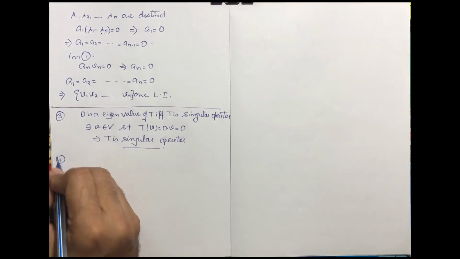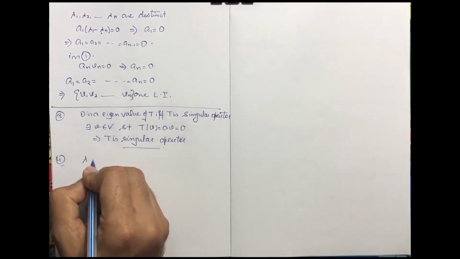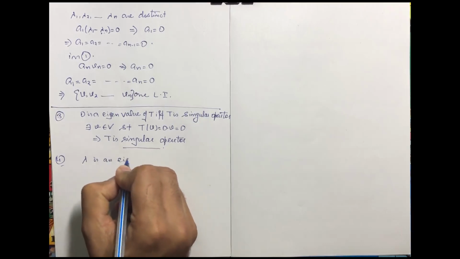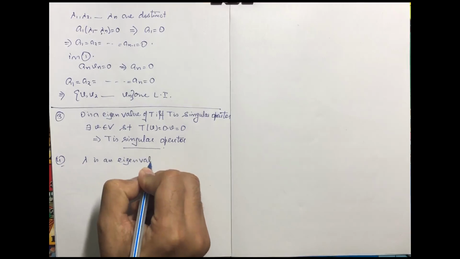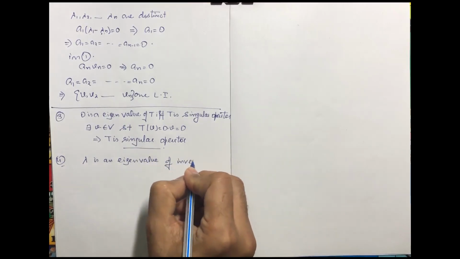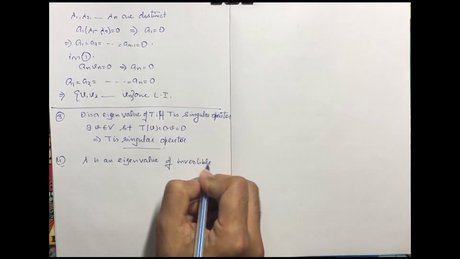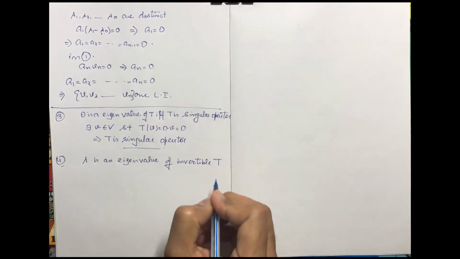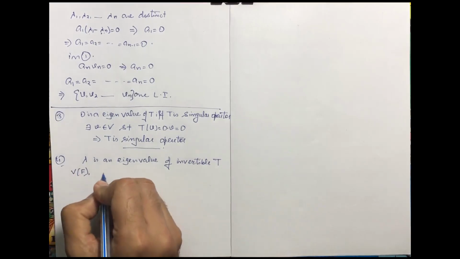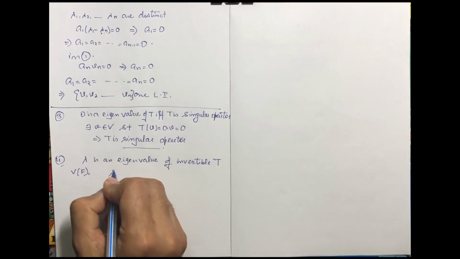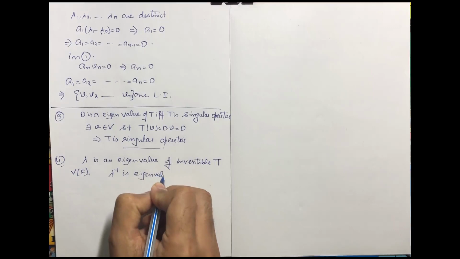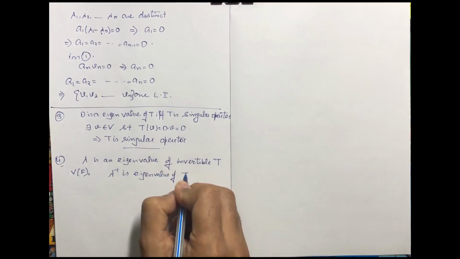Number 4: if lambda is an eigenvalue of an invertible operator T over the vector space V over F, then we prove that lambda inverse is an eigenvalue of T inverse.